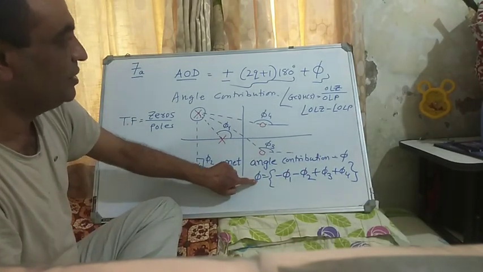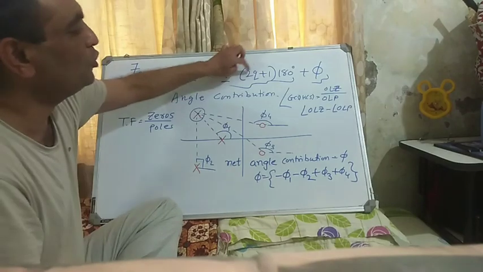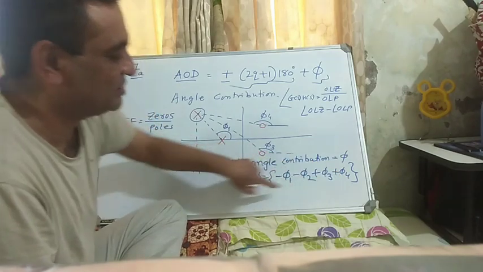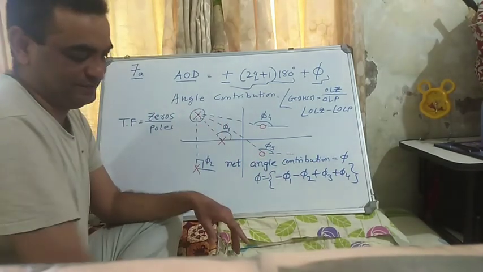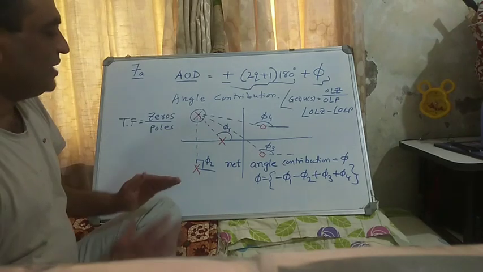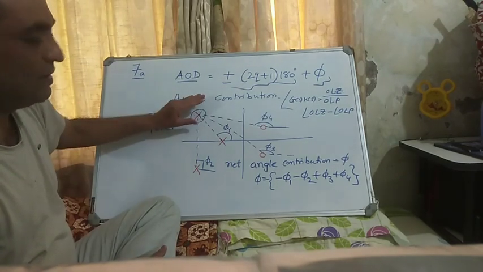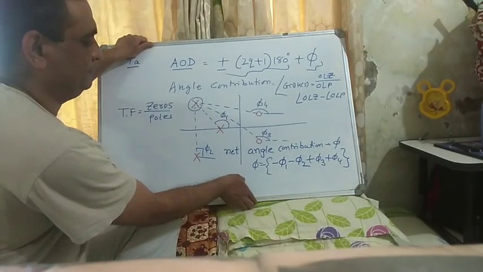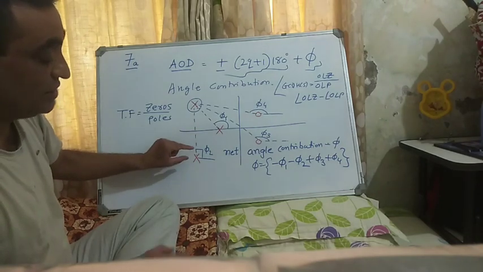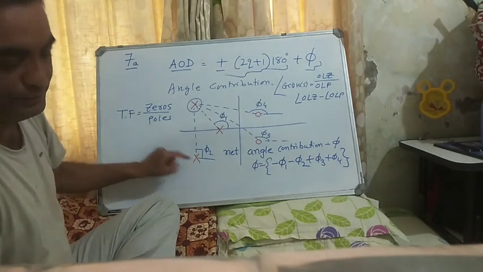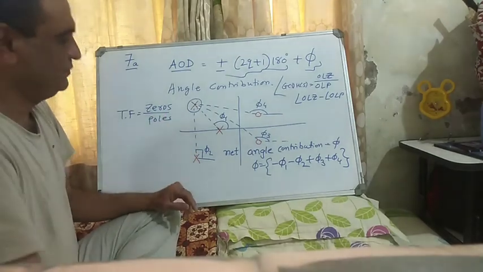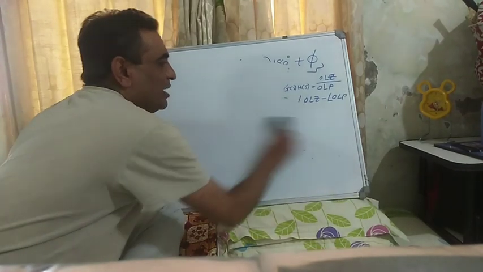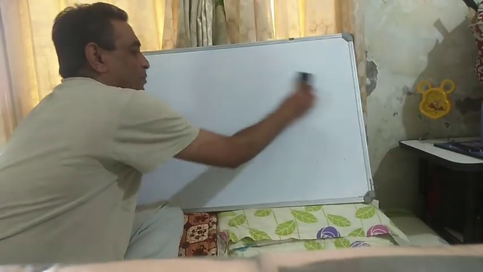Now you put this phi in the equation (2q plus 1) into 180 plus phi, where phi is the net angle contribution you have calculated like this, and you will get the angle of departure. Once you get the angle of departure for this pole, automatically the negative of that is the angle of departure for this pole. So you don't need to calculate twice. This is how we can calculate the angle of departure for complex poles.